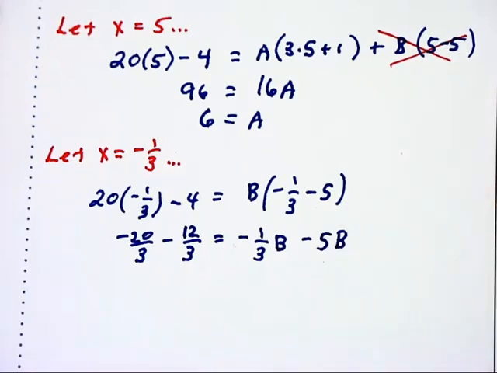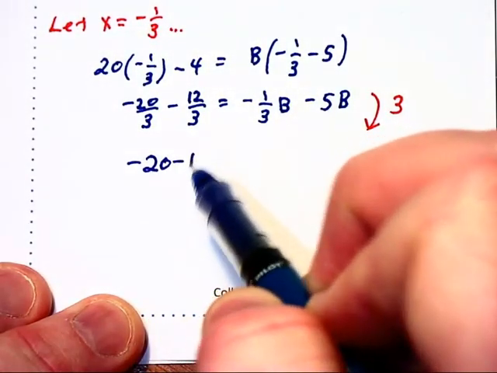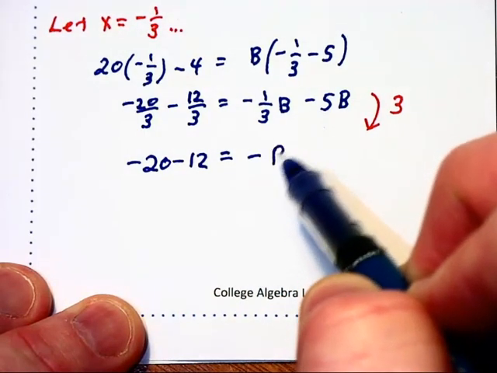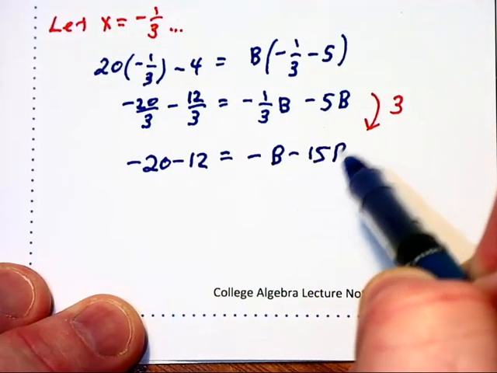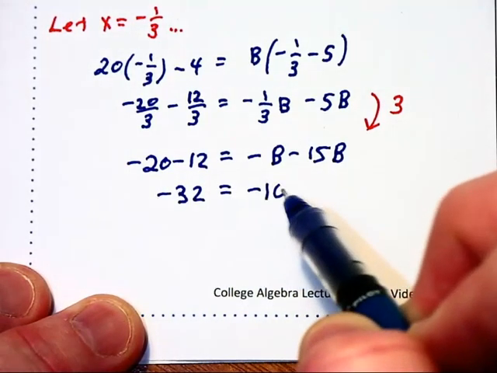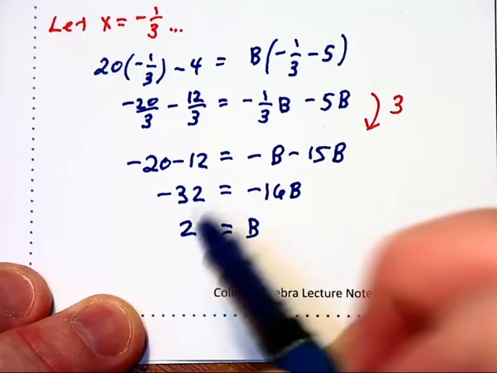Okay, now I'm going to multiply through by 3. Seems a good time to do that. This will give us negative 20 minus 12 equals negative B minus 15B. So negative 32 will equal negative 16B, and therefore B will equal 2.